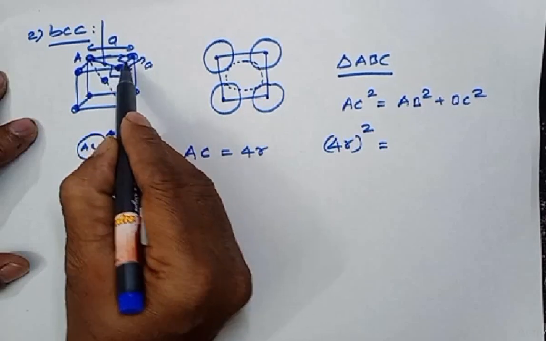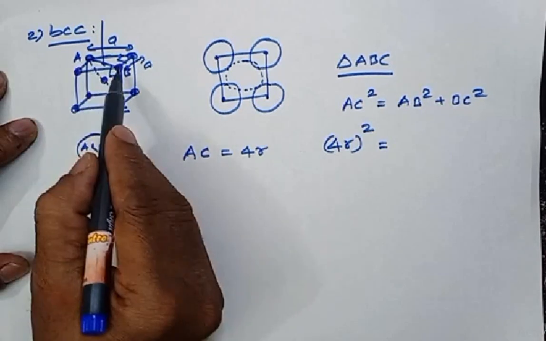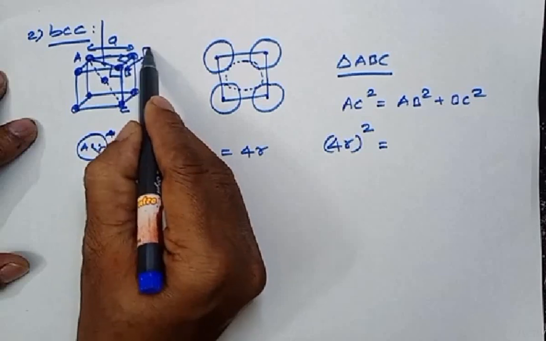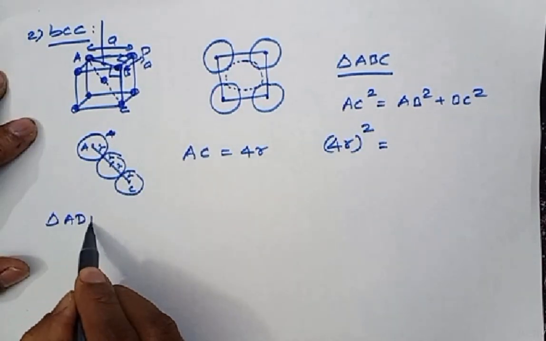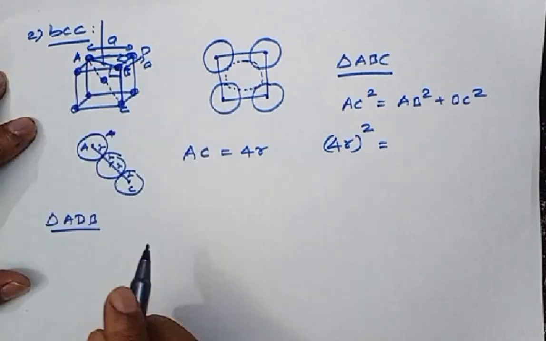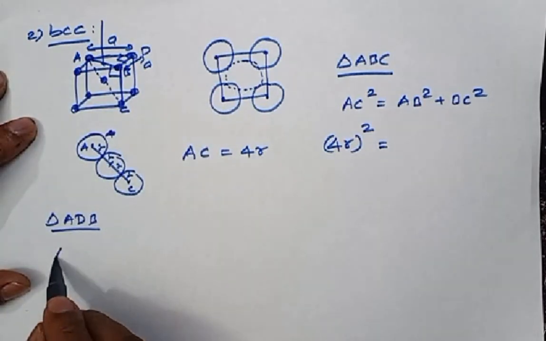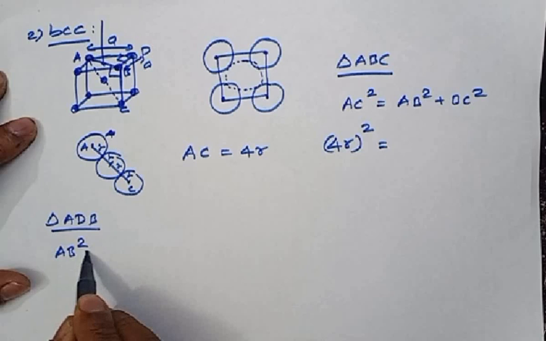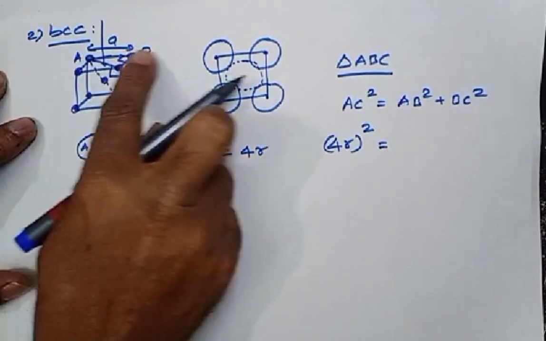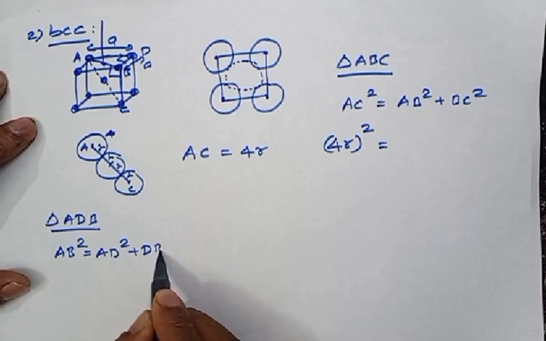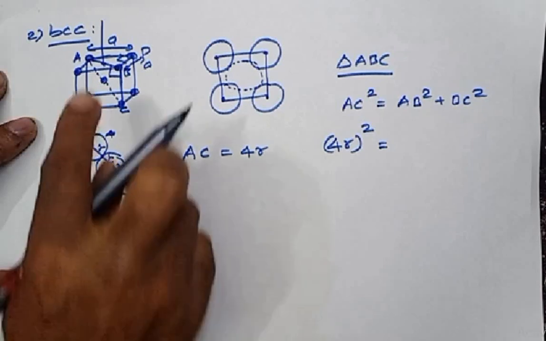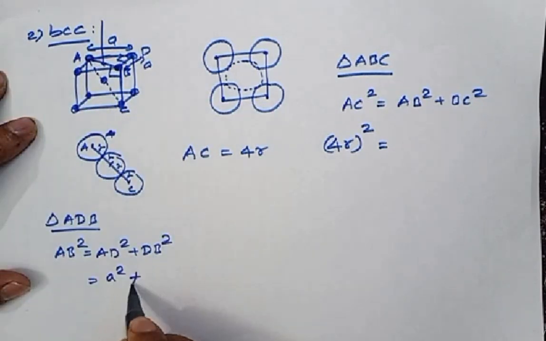So I'll take this triangle as ABC and this point as D. In triangle ADB, observe carefully, AB square equals AD square plus DB square. AD is a, small a square, and DB also a, small a square. So you'll get 2 times a square.